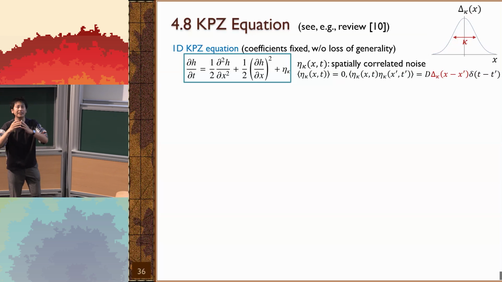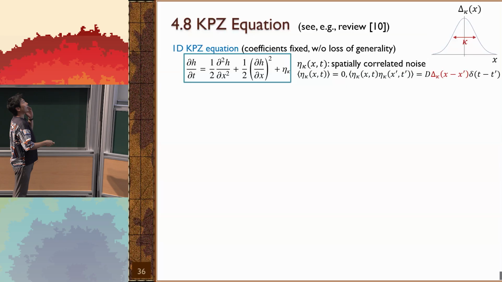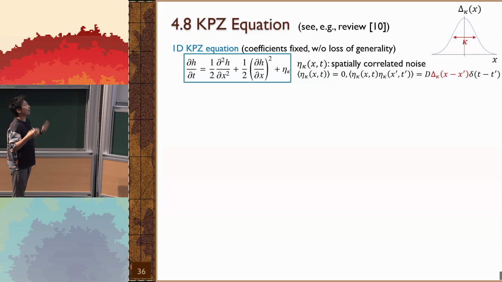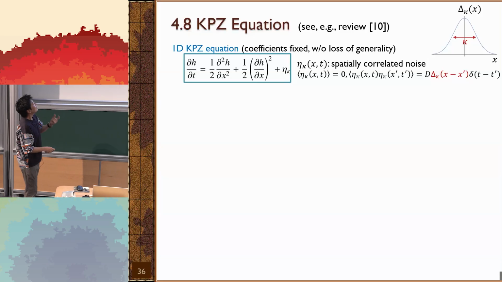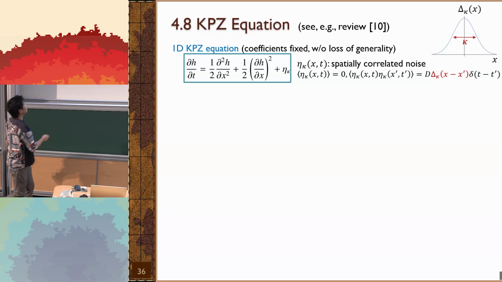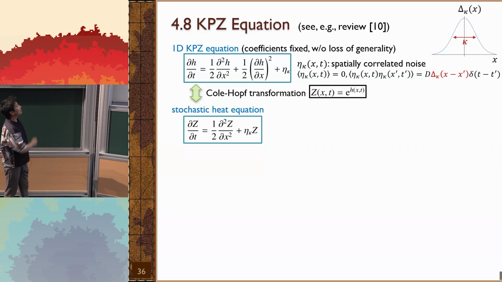So you have spatial correlation over length scale kappa, and in this way we can get rid of the singularity at equal positions. So let us use this KPZ equation.